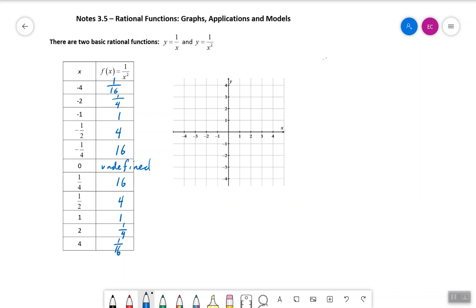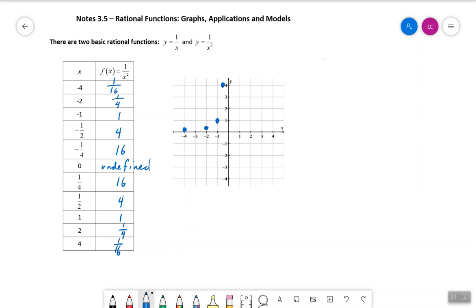And we can go ahead and plot those points. (-4, 1/16) is really close to the x-axis, so it's a little bit hard to draw realistically, but that should be good enough. And then (-2, 1/4), that's pretty close to the x-axis too, isn't it? (-1, 1), (-1/2, 4). And then there's a jump over to the other side.